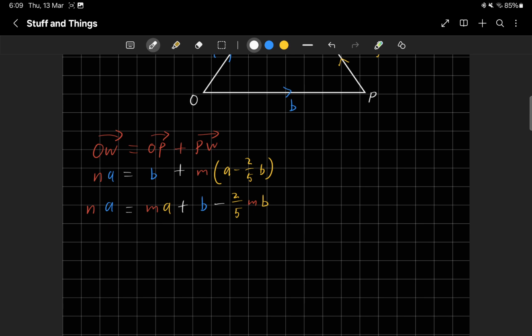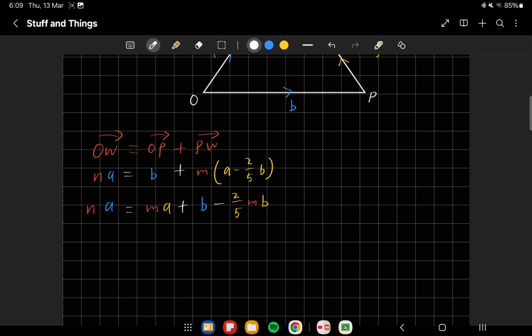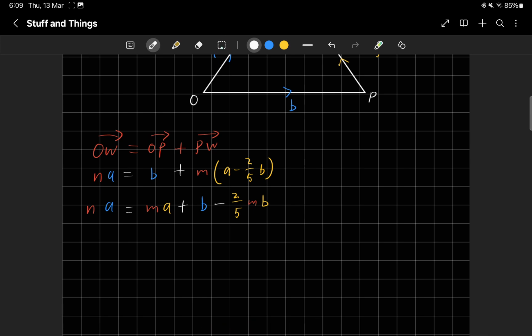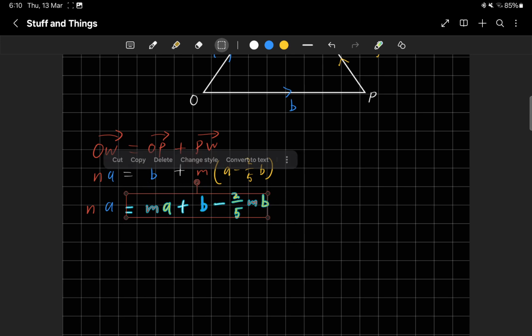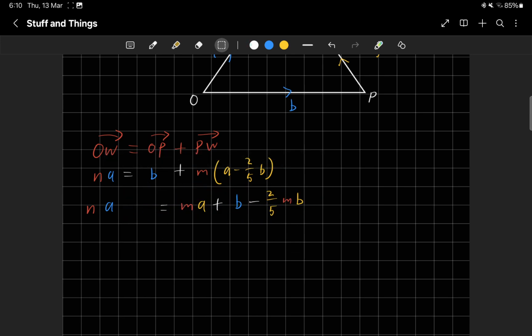So let me just rewrite this, sorry. This is saying that there are no B's at all. The B's will cancel each other out, so there will be 0B here. Okay, so if we just focus on the B section, 0B is equal to B minus 2 over 5 MB.